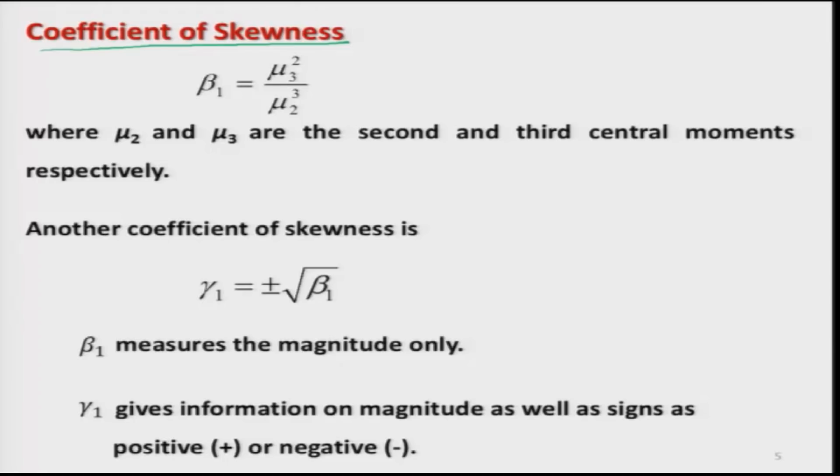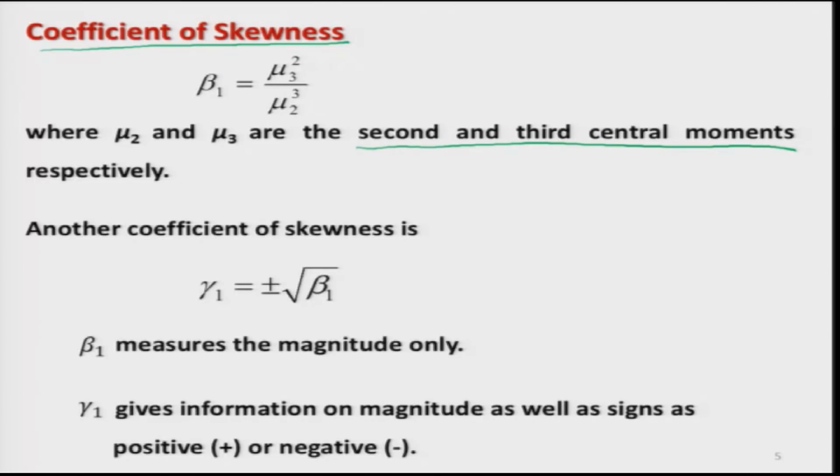One curve is lacking the symmetry more than the other, but just by saying less or more, it will not help us. We need to quantify it. So, our next objective is how to quantify this lack of symmetry. And in order to understand this, we have the concept of coefficient of skewness. The definition of coefficient of skewness depends on the second and third central moments of the data.